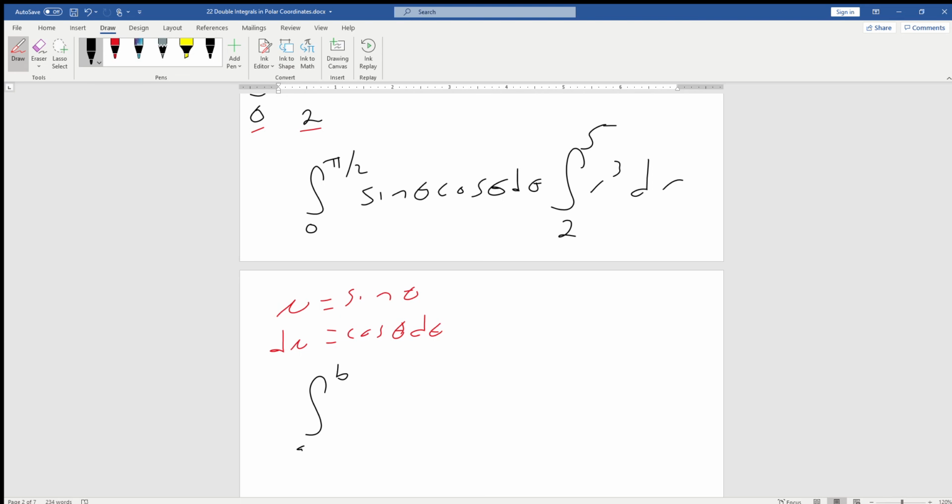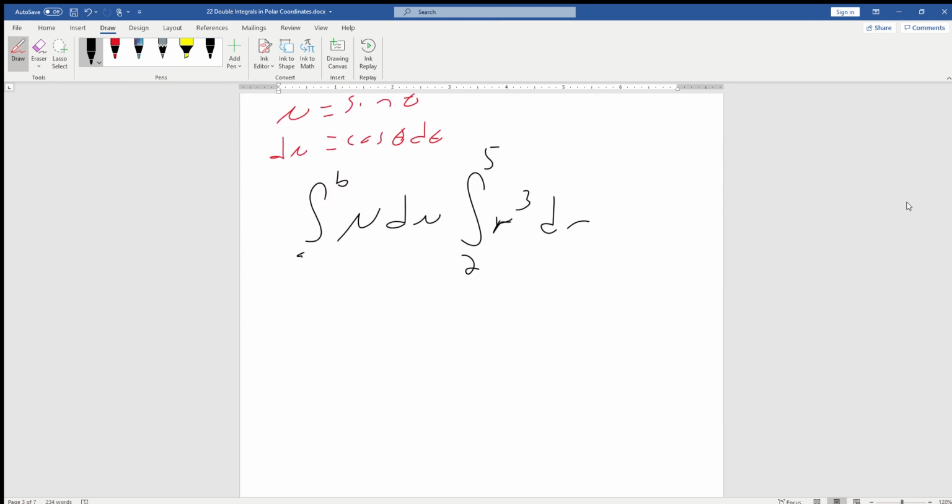Wherever we see a sine, we're going to make that a u. Wherever we see a cos theta d theta, that's going to be du. Now we still have the integral from 2 to 5 of r to the third dr. There's nothing we can do about that because everything's in terms of theta that we're doing the substitution for. No big deal. We're going to evaluate.